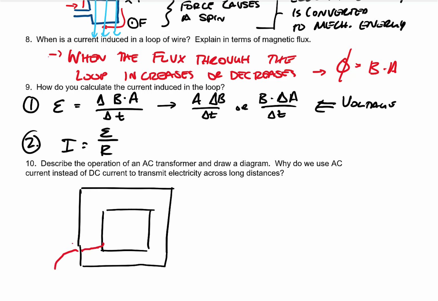But you get just a couple of loops of current carrying wire here. So not a lot, just a couple. And it runs off. The other side, what you get is a lot of loops of current carrying wire. So not just one loop, but a lot of loops of current carrying wire.